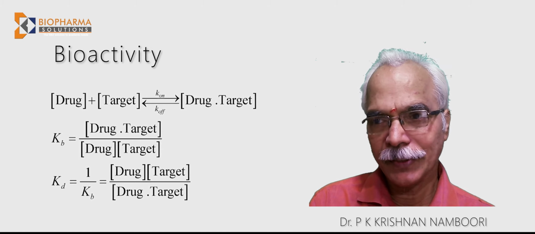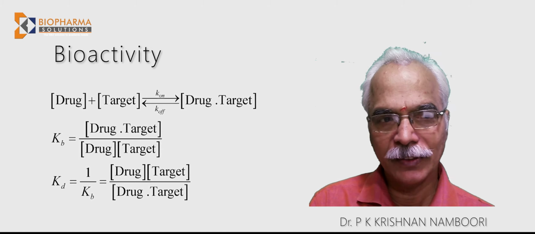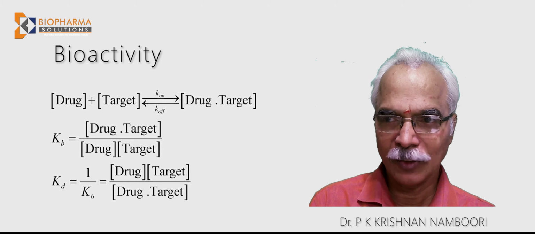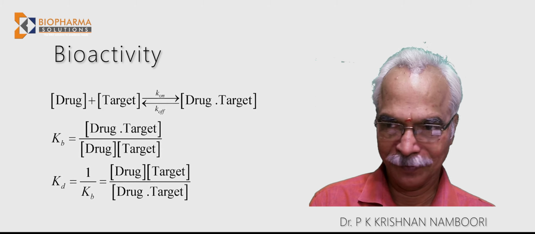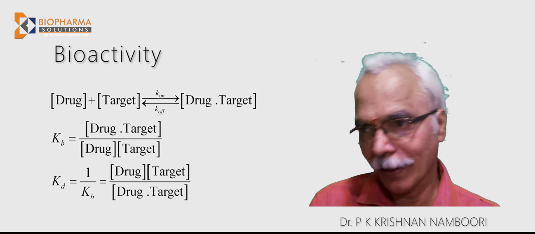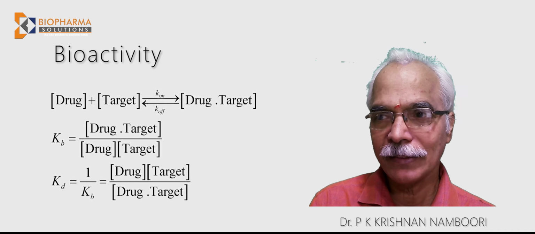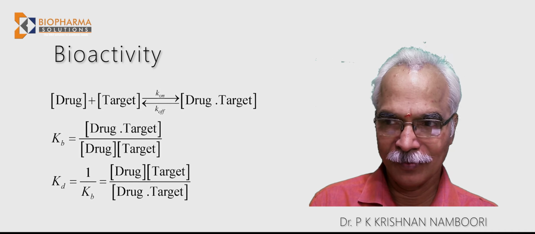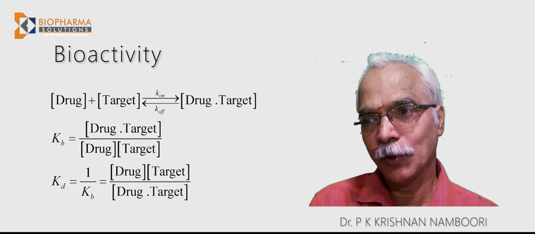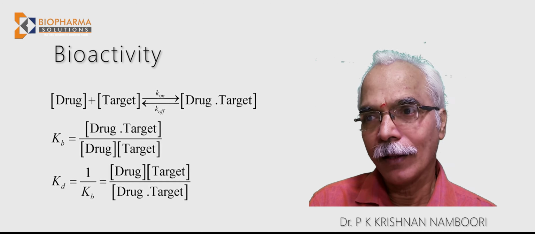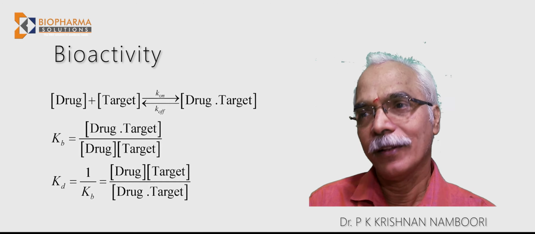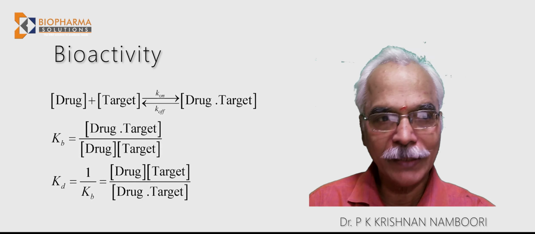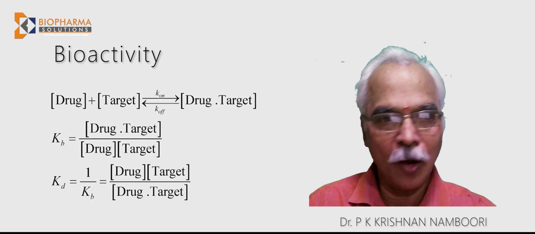That forward reaction rate constant is sometimes referred to as small letter k on, and the backward rate constant is known as k off. K on is the rate constant determining the formation of the ligand target complex.